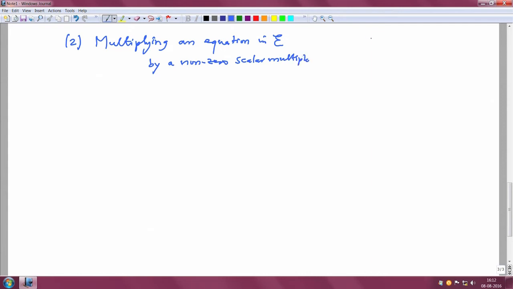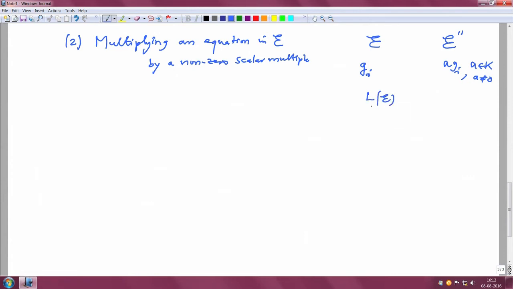So again, if the original system was E and the new system is E double prime, then in this the ith equation Gi is replaced by A times Gi, where A is non-zero, then the solution spaces are not changing again.